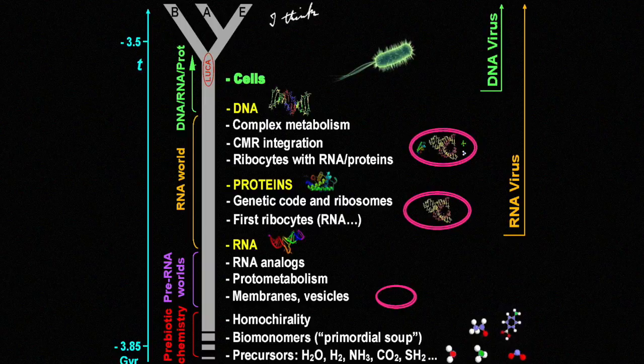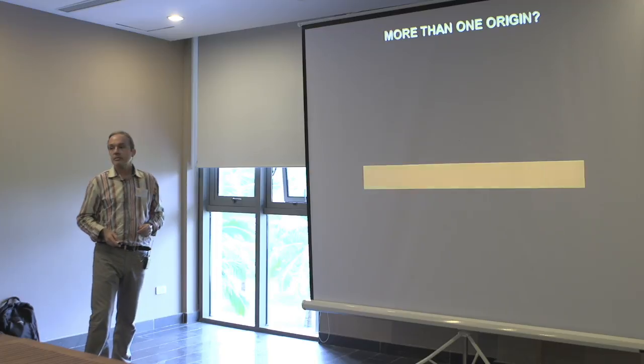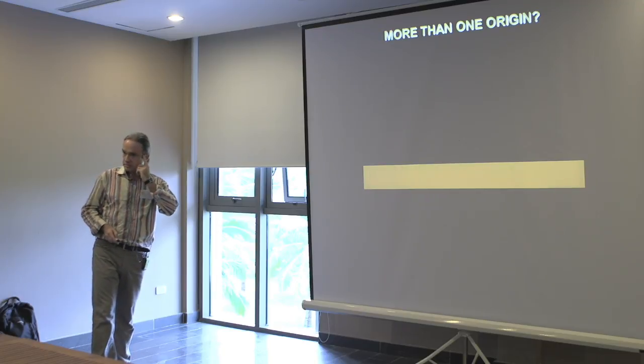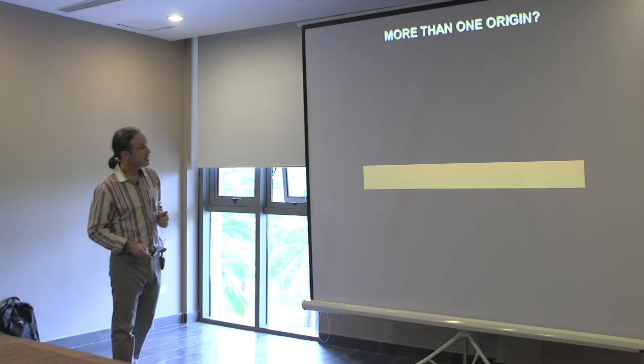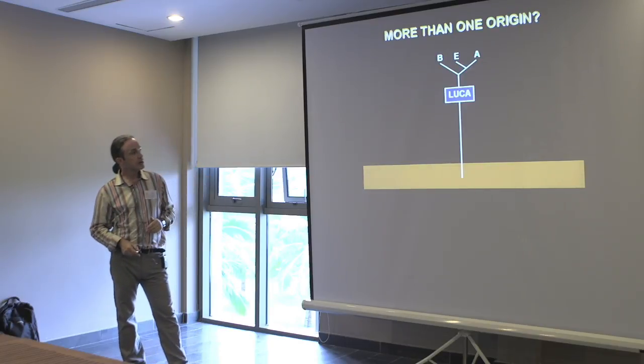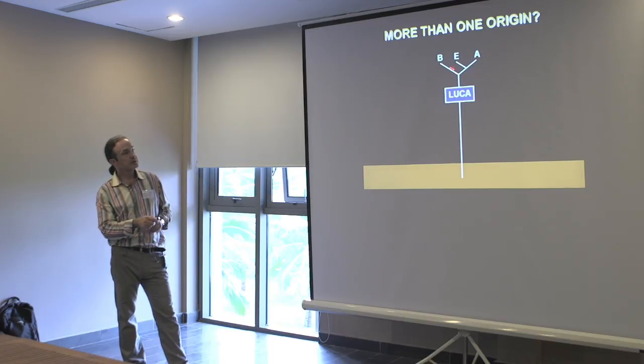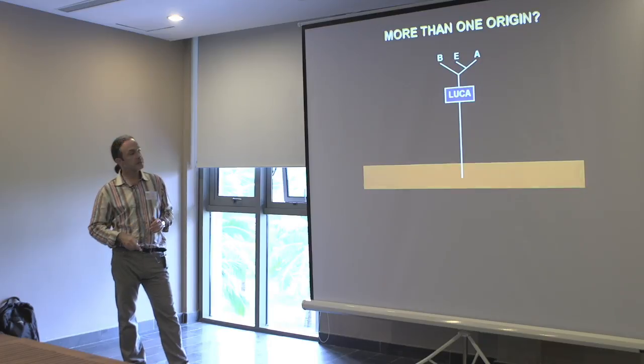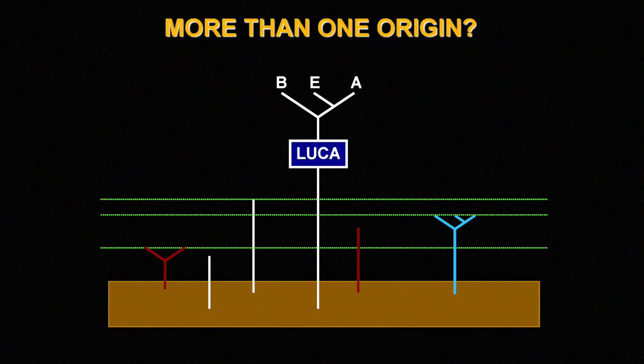A final question, almost final. More than one origin? Why not? If we have here the physico-chemical conditions on early Earth, we know that we have been talking about this trunk of the tree of life. We are right to LUCA and bacteria, eukarya, archaea. But could this have happened? Why not?